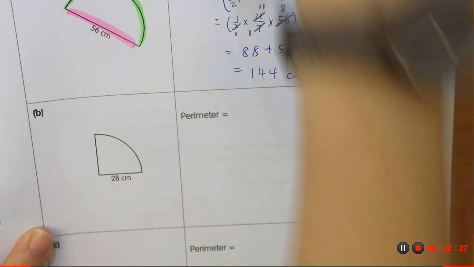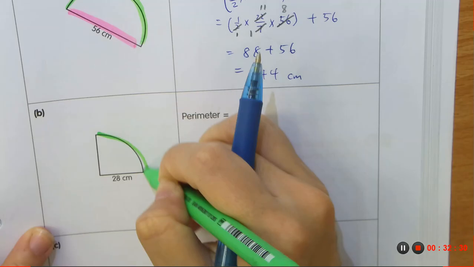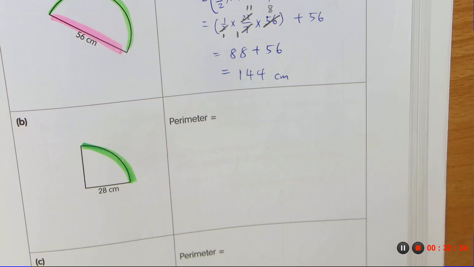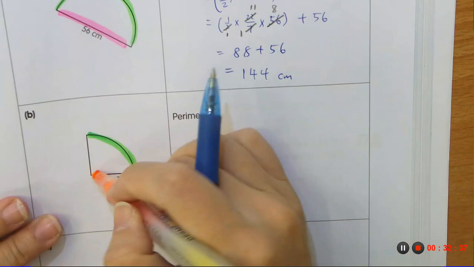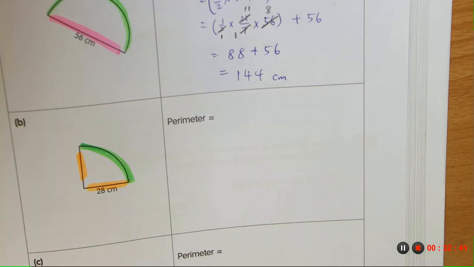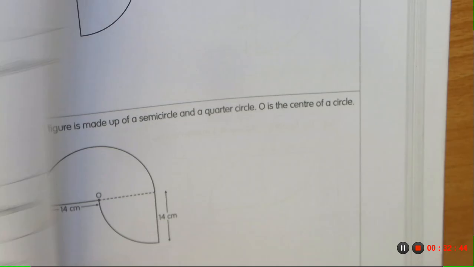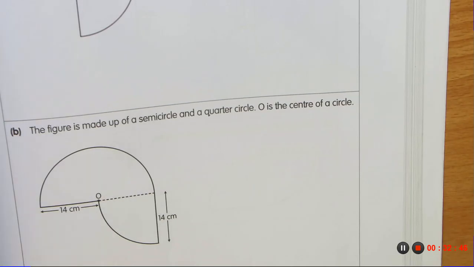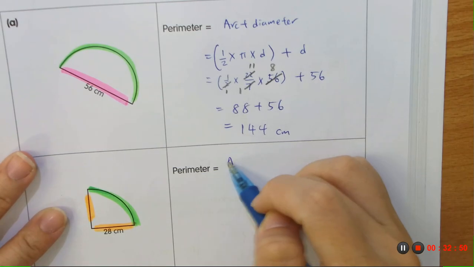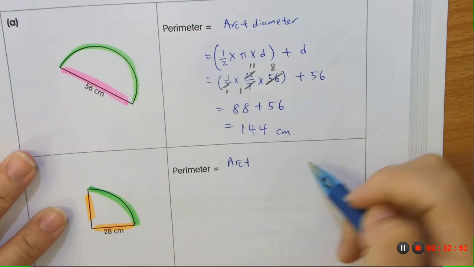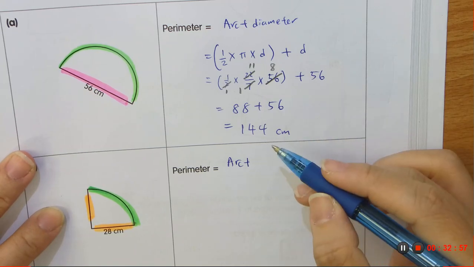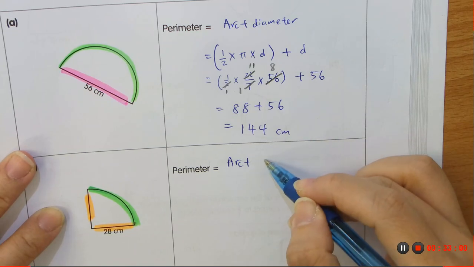I have the length of the arc here, and I have the radius. The arc plus the radius plus the radius.